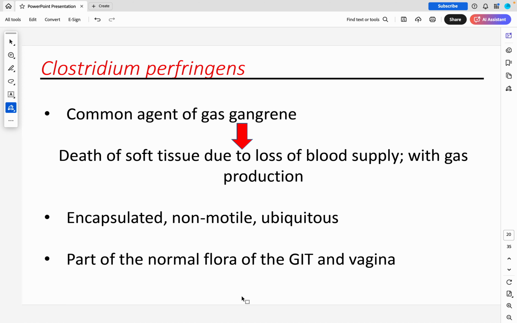Gas gangrene is characterized by the death of soft tissue on the site of infection due to loss of blood supply and associated gas production. The species is encapsulated, non-motile, and C. perfringens is actually very widely distributed. They're ubiquitous in nature.